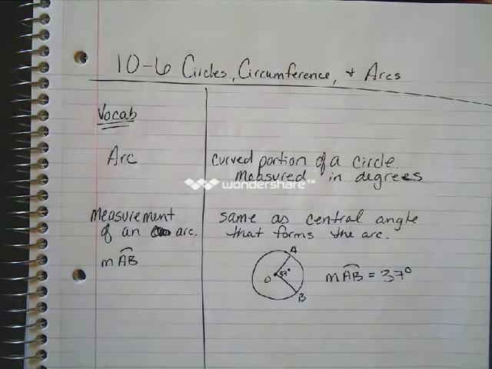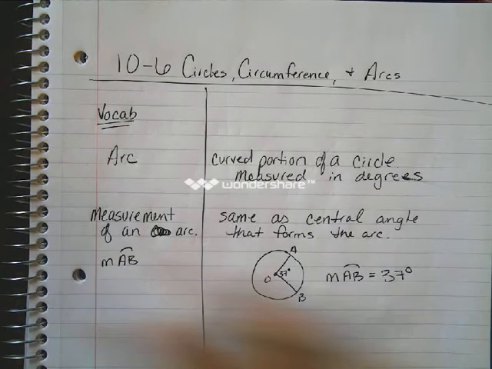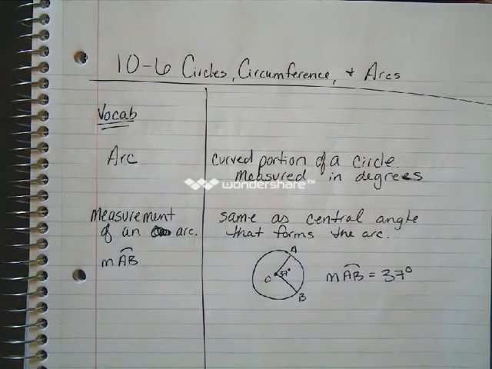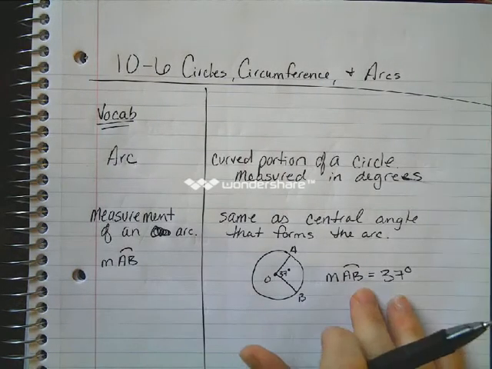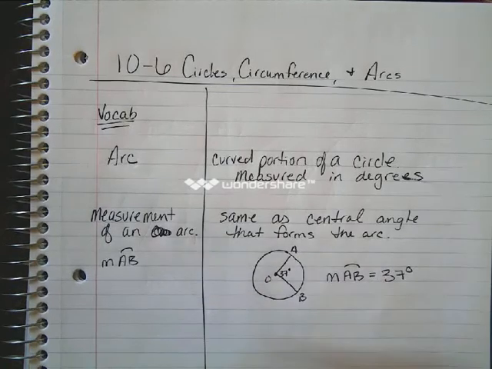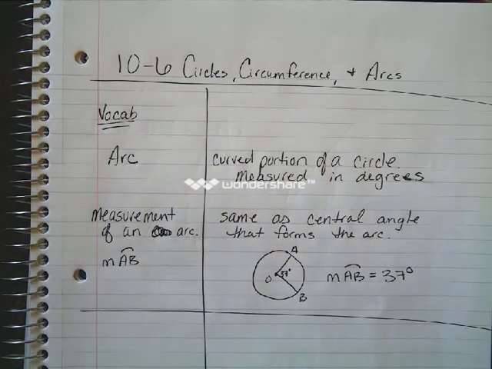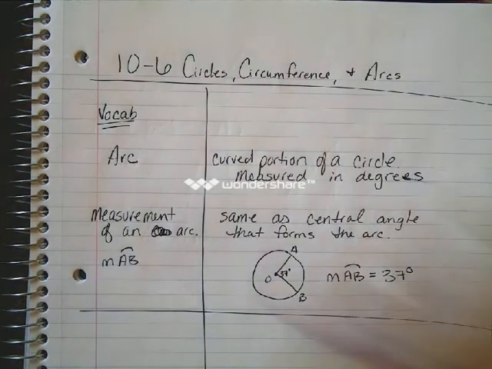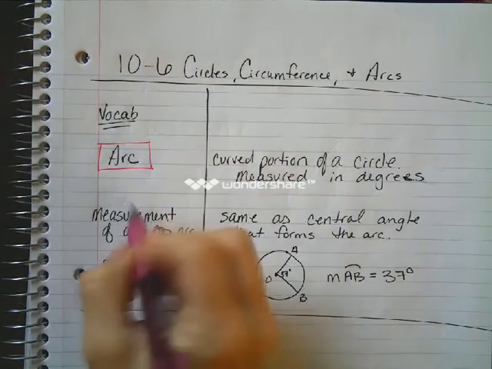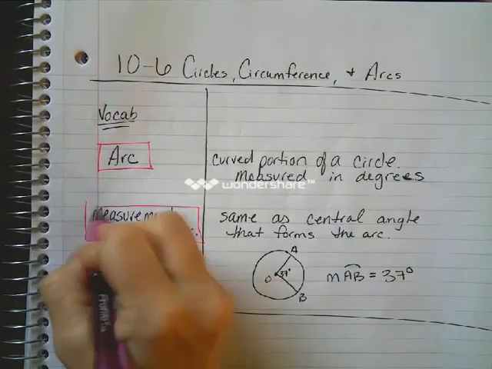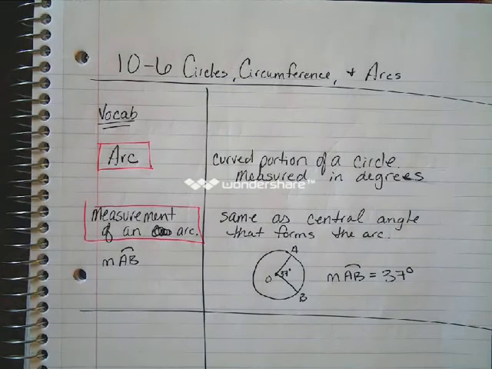Like I said, I know that seems kind of simple, but when we go talk about arc length later on, it's going to be really important that you understand that this means that angle measurement. So if you like to color code your notes, I'm just going to go ahead and box that for vocab. And remember, this angle and the measurement of the arc are the same.